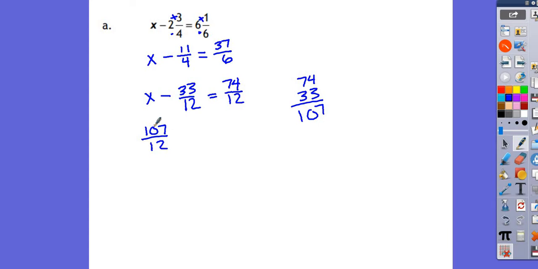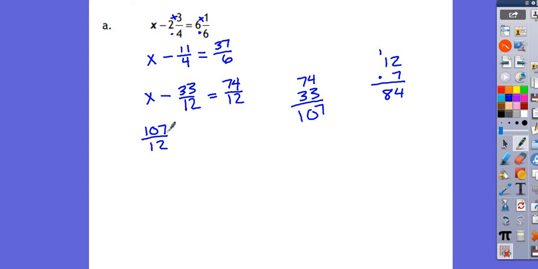So I need to see how many times 12 goes into 107. So I'm going to come over here and test it out. I'm going to try a bunch of multiplications, or I could sit here and divide, but I don't like dividing if I don't have to, so I'm going to test 7. 7 times 2 is 14. 7 times 1, 7 plus 1 is 8.